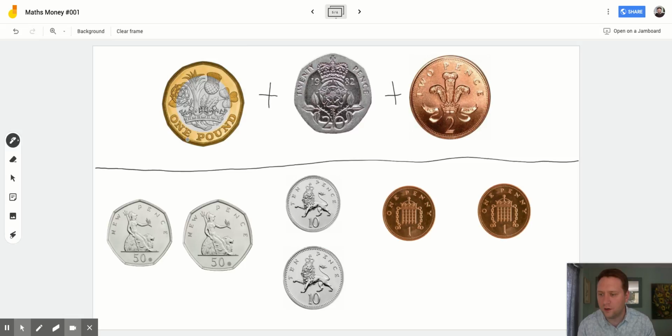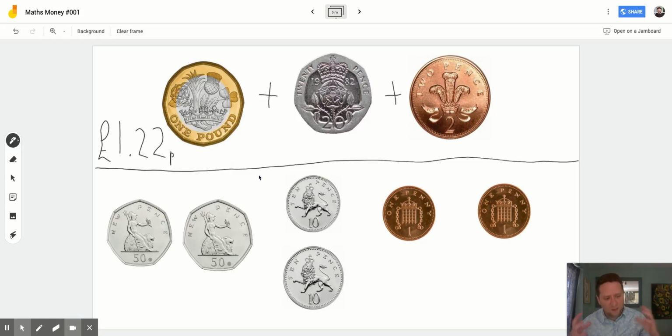And the way that I'd write that down is I'd always include my pound symbol, £1, and then only my decimal point to show the difference between the pound and the pence. So £1, decimal point, and 22. And you could put your pence on the end. £1 and 22 pence.